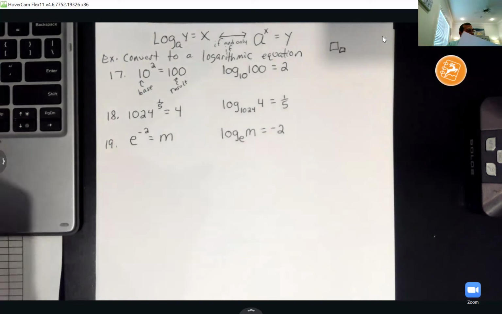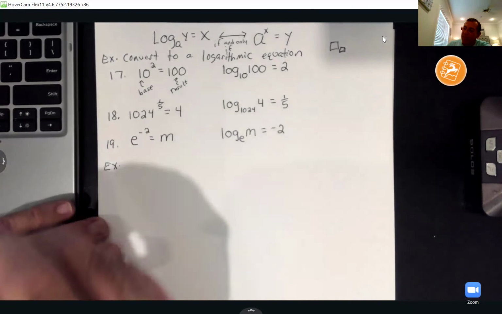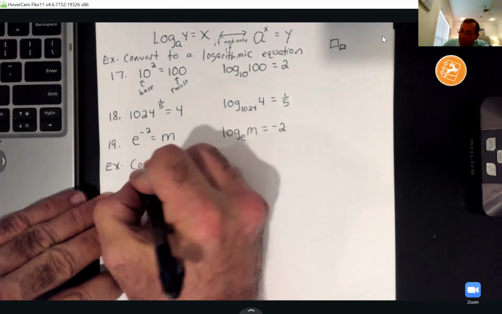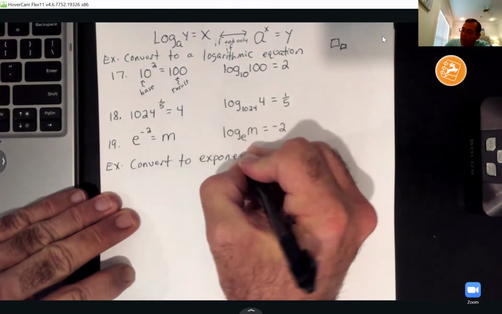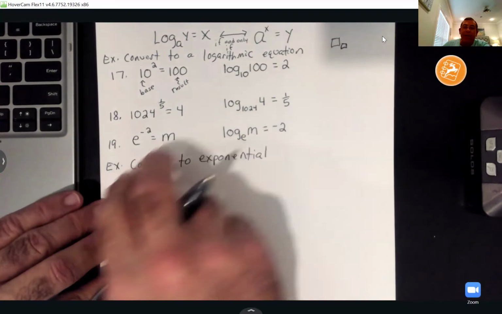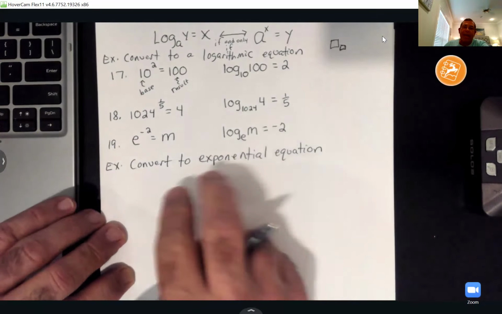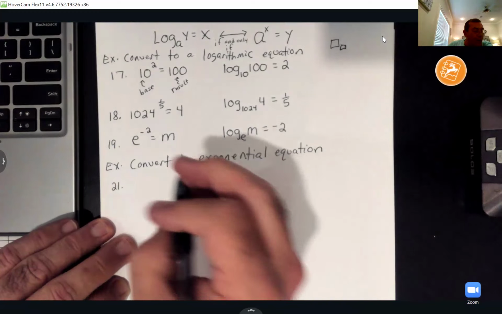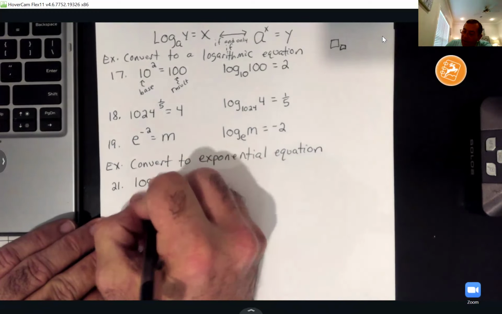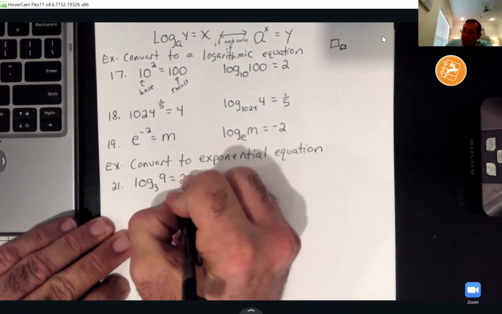So let's go the other way. We will start with logarithmic, and we will convert them to exponential. And y'all, I want you to get good on these because when we solve equations, we're going to be switching back and forth quite a bit. So these will start at 21. Log base 3 of 9 equals 2.